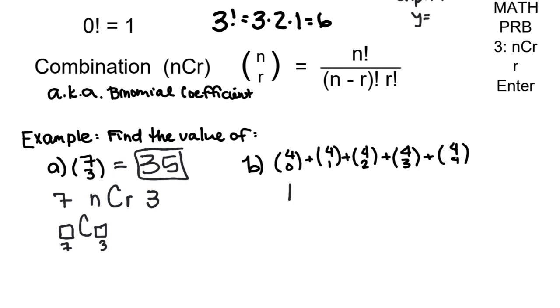So going through this, we get 4, 0 is 1, 4, 1 is 4, 4, 2 is going to end up being 6, and then 4, 3 is 4, 4, 4 is 1. Let's look at this 4, 1 and the 4, 3 real fast.